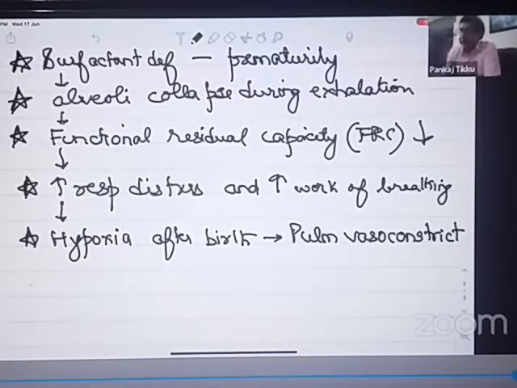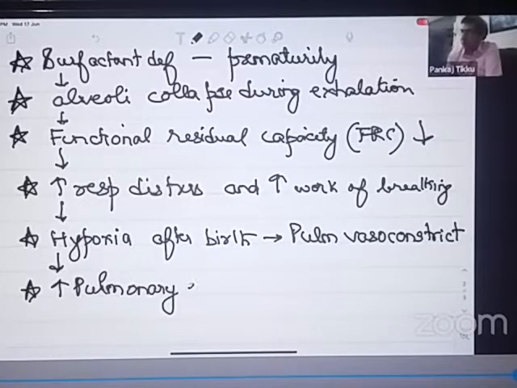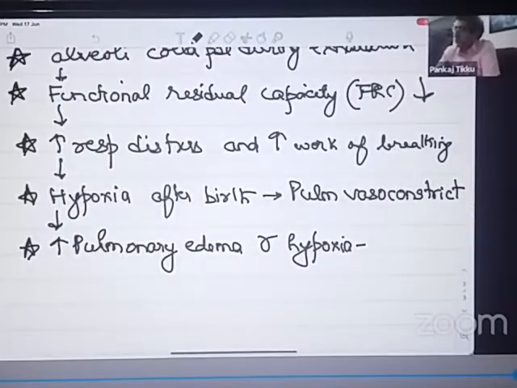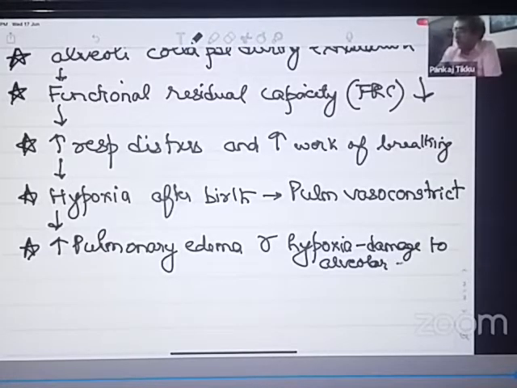As a result, there will be an increase in pulmonary edema and hypoxia-induced damage to the alveolar epithelium.